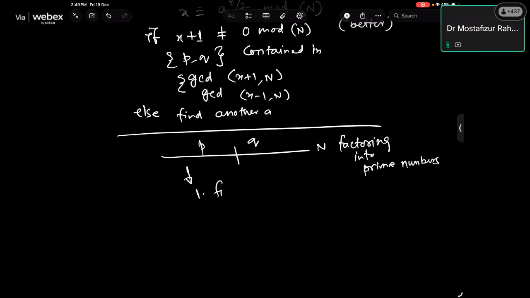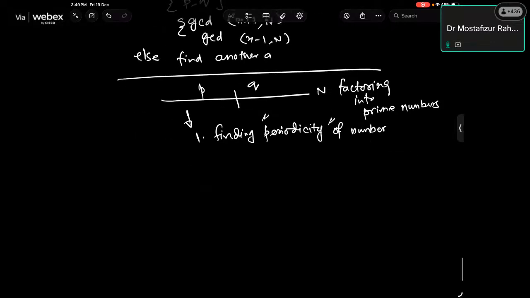One is finding the periodicity of a number. Now you can ask me what the periodicity of numbers is; I'll come to this point. Finding the periodicity of numbers is an exponentially complex problem: for a big number n, how is the pattern generated. And the second is modular arithmetic.